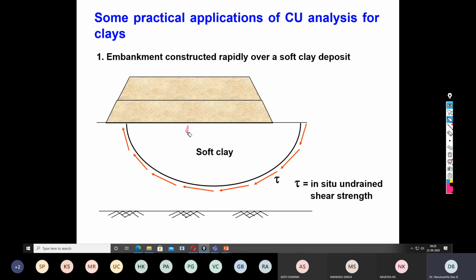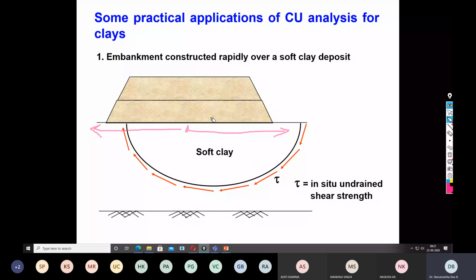So here it is expected in the lateral direction, either in this way or in this way, and the soil is getting consolidated and the excess pore water pressure gets dissipated, meaning thereby the intensity of the pore water pressure keeps on decreasing. This is called a consolidated undrained condition. So the process of consolidation and the process of dissipation of excess pore water pressure both happen simultaneously.